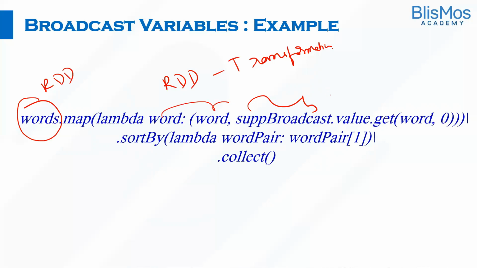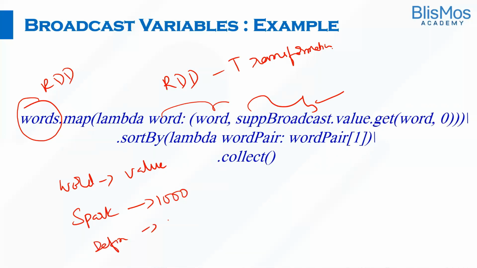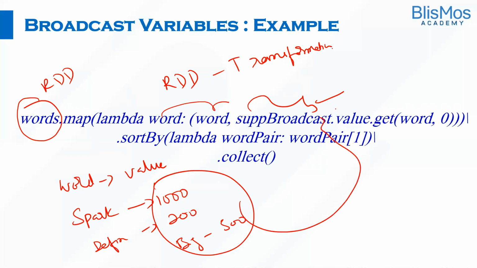Wherever we have a word matching the value from the broadcast value, that will be paired together. For example, the word Spark will be given a number of 1000. Definitive will be given a number of 200. Big will be given a number of 300. This is coming from the broadcast variable.